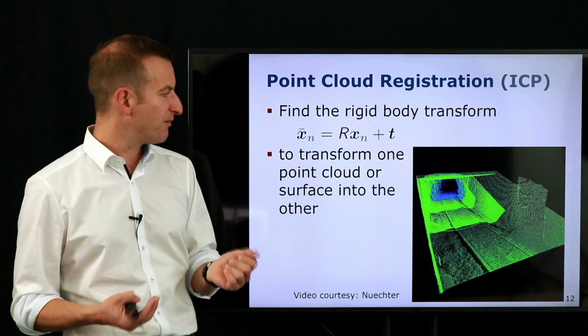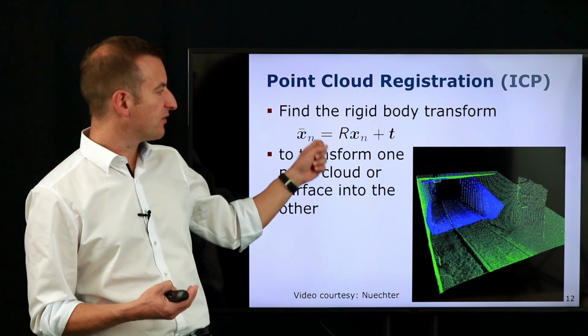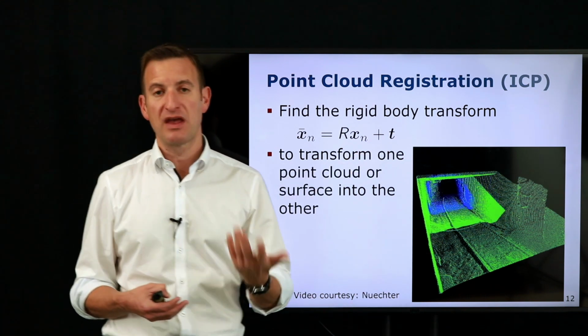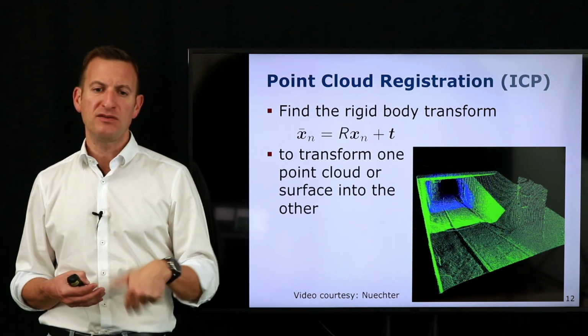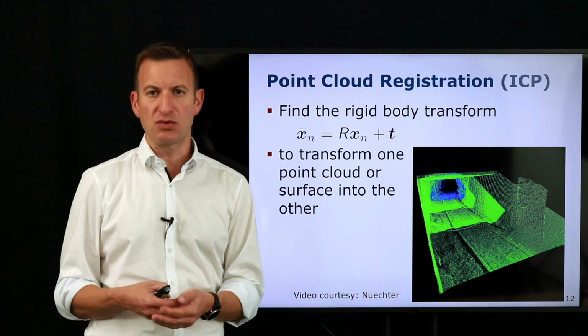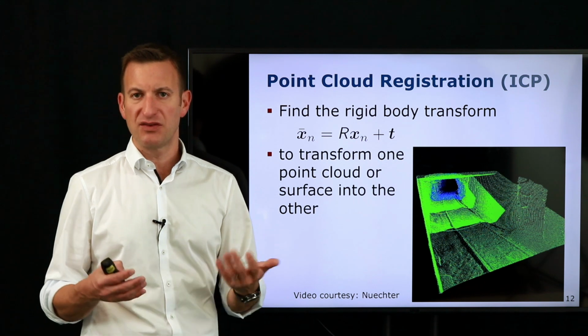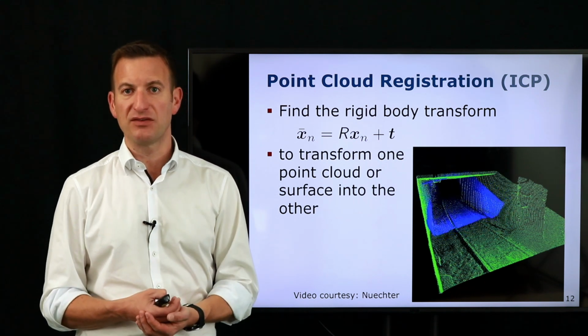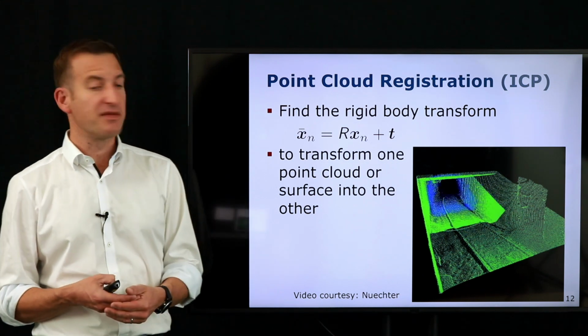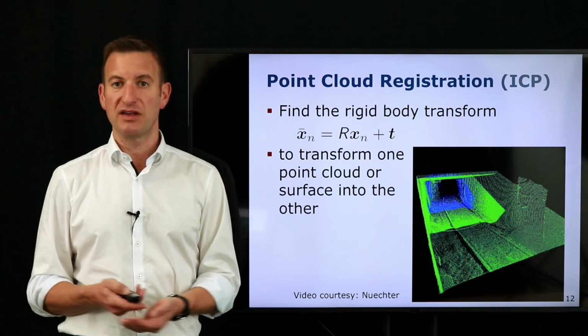Under the assumption that we have perfect data association, this boils down to estimating the rotation matrix and the translation vector that tells us how the blue point cloud needs to be transformed in order to line up with the green one. That is a task that is done within the ICP algorithm, and it is something for which we exactly need to solve the same problem that we are addressing here today.